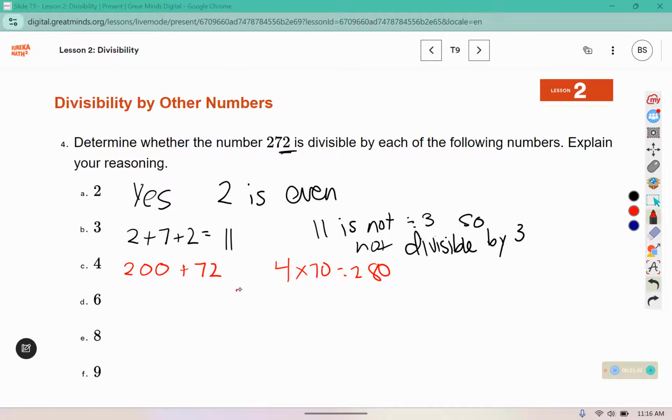So if we skip count backwards, we take off 4, that would put us at 276, 272. Yes, this one is divisible by 4. And 72 is also divisible by 4.